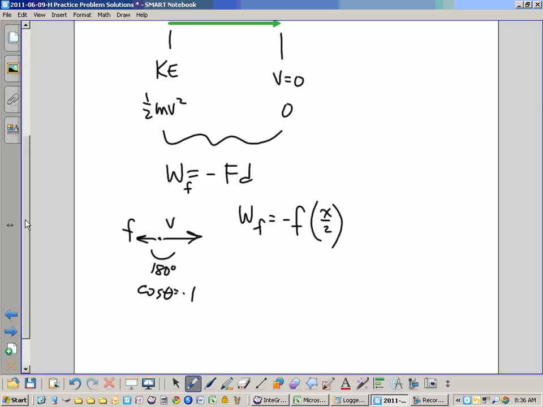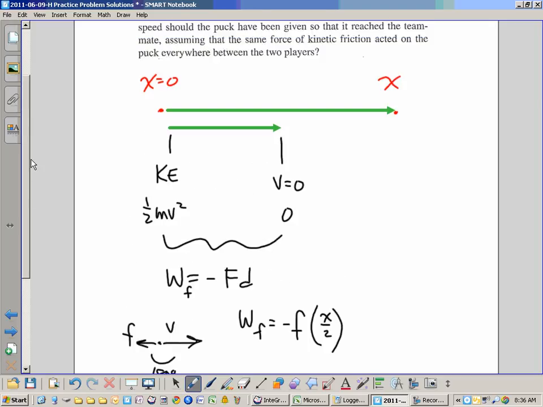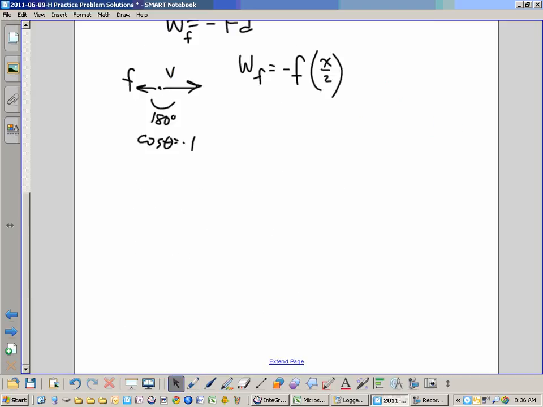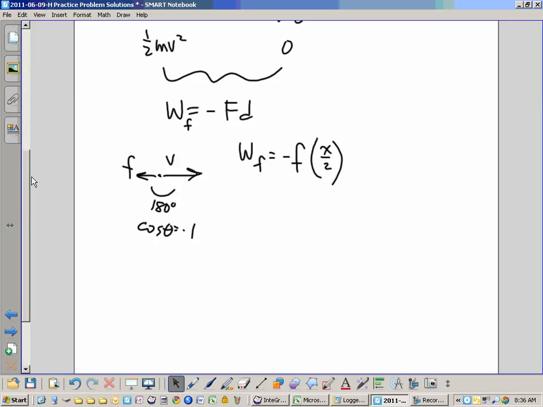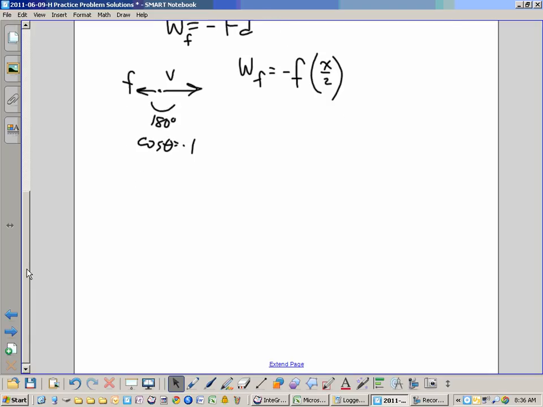So the work done by friction, if we send it the whole way, if we go all the way out here, is going to be equal to what? Negative Fx. All right, so where are we going from here? I haven't worked this one out, so I'm thinking about it too. Okay, so here we have 1/2 mv squared has got to be equal to F times x over 2. Is that correct?